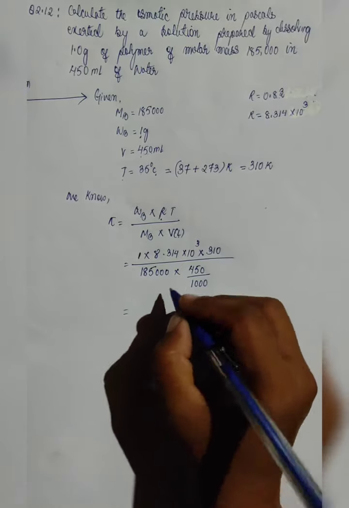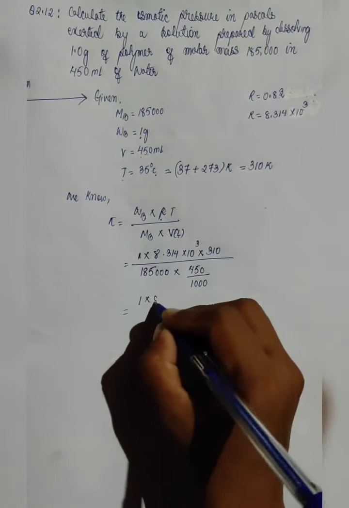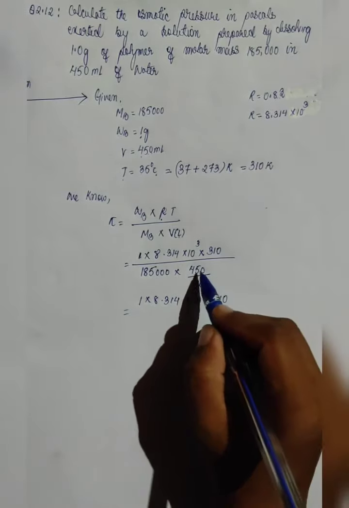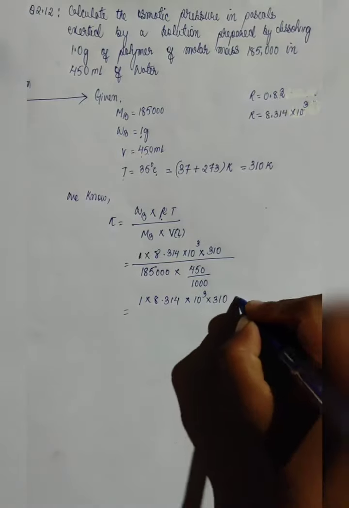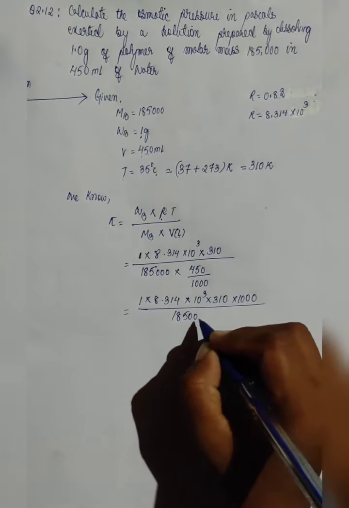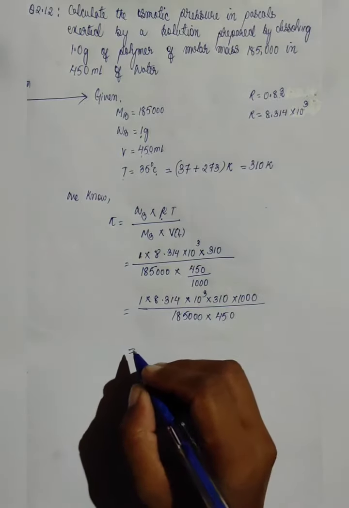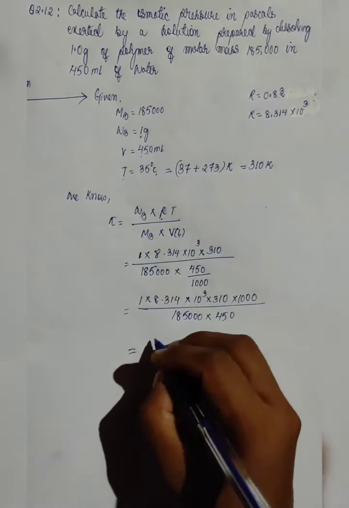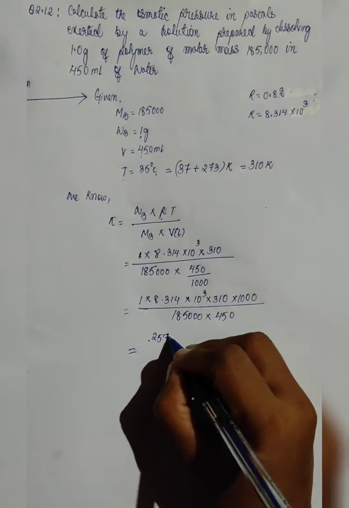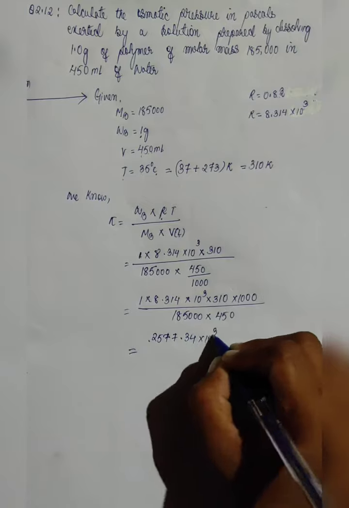So upon calculation, 1 into, let's write it once again. If this is reciprocated, 1000 will go in the numerator, divided by 185, 450. So it becomes, upon calculation, 2577.34 into 10 to the power 3.